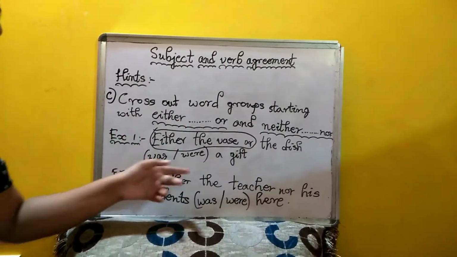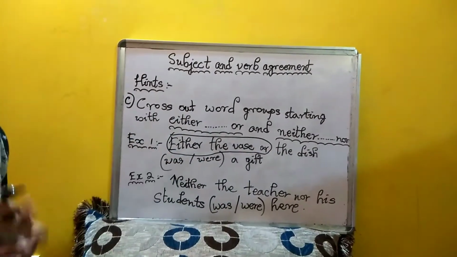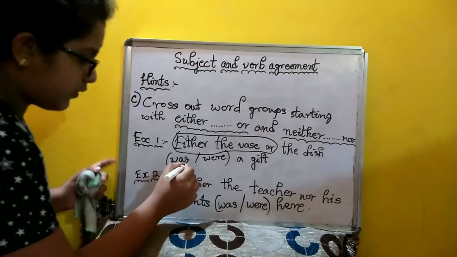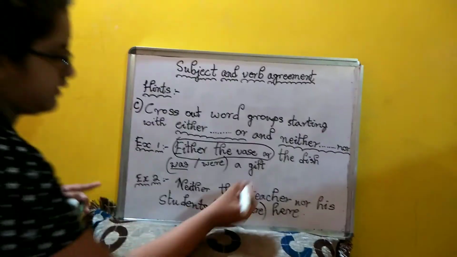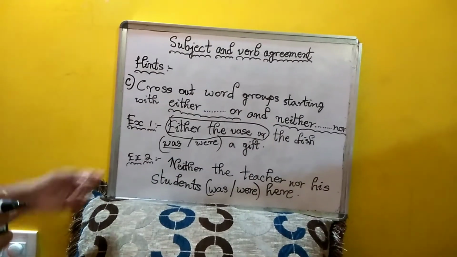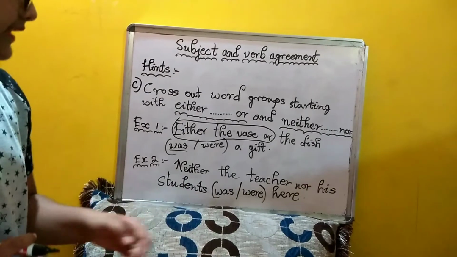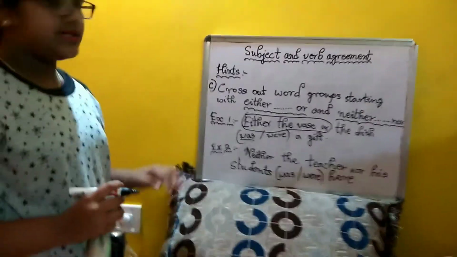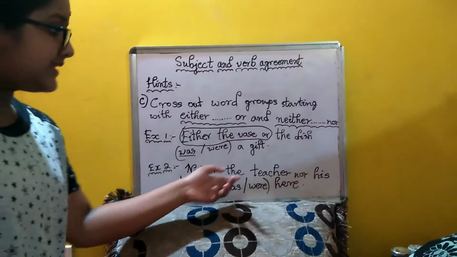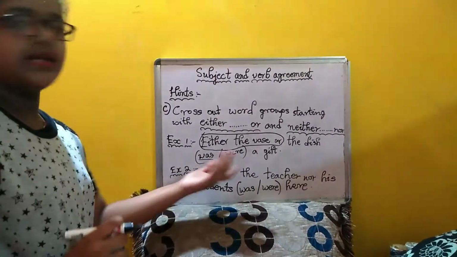The dish was a gift. It's singular. Therefore it is was. That's the correct answer: either the vase or the dish was a gift.